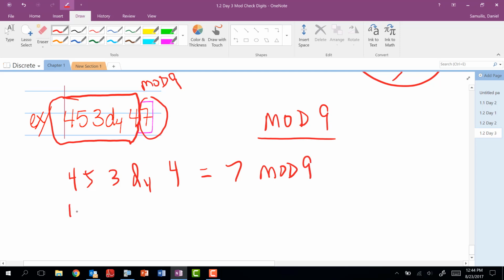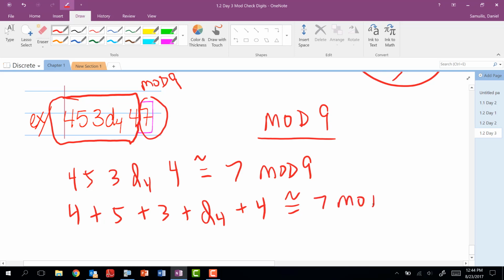Then, of course, since it's a mod 9, I can add the digits to see what the number should be, congruent. And then I could cast out the 9s if there are any, because it's a mod 9 scheme. So I'm going to get rid of that 5 plus 4.